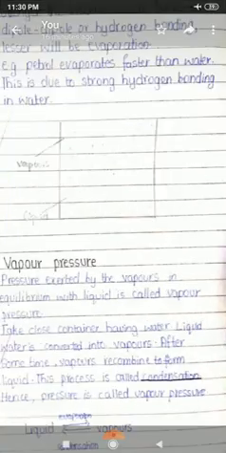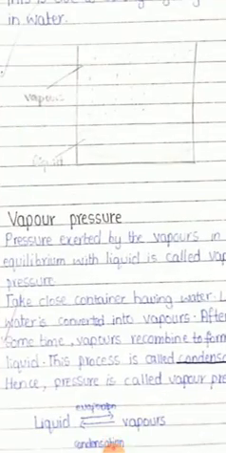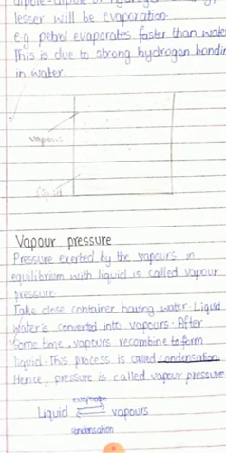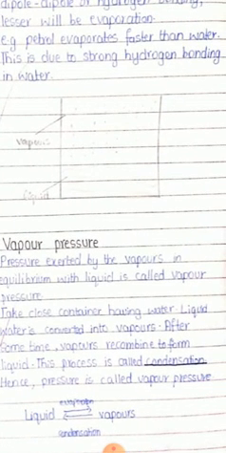We define vapor pressure as the pressure exerted by the vapors in equilibrium with the liquid.